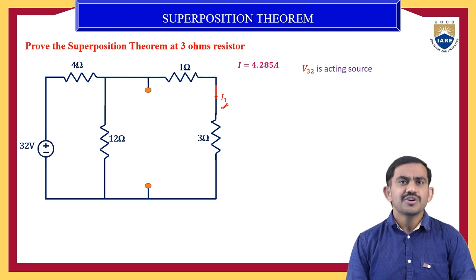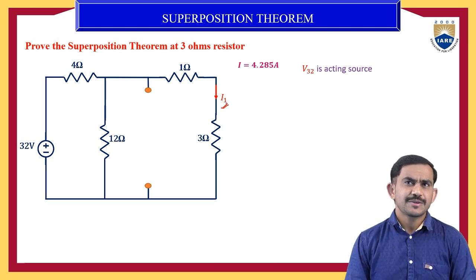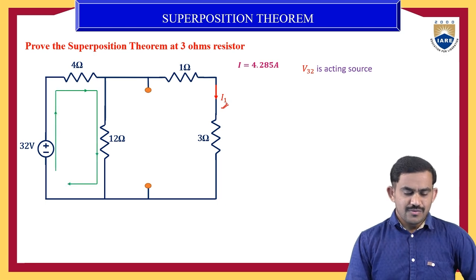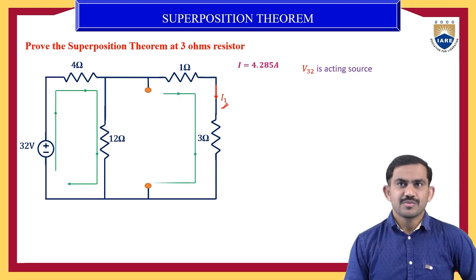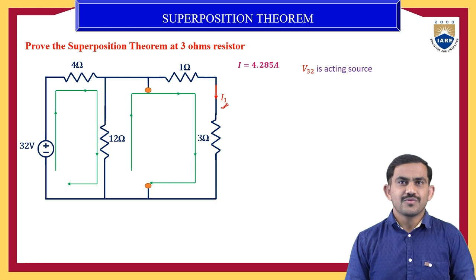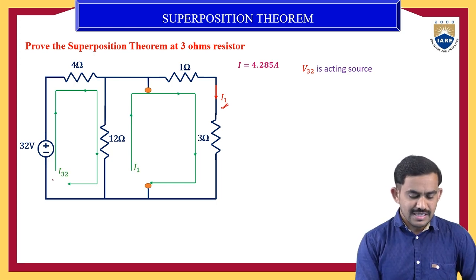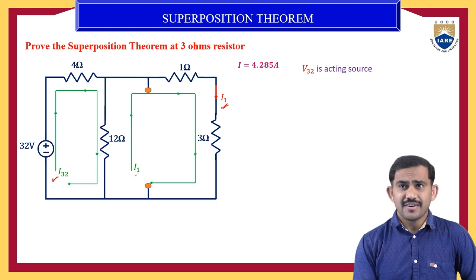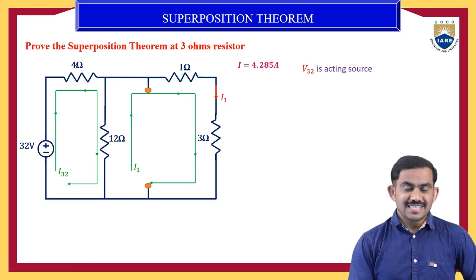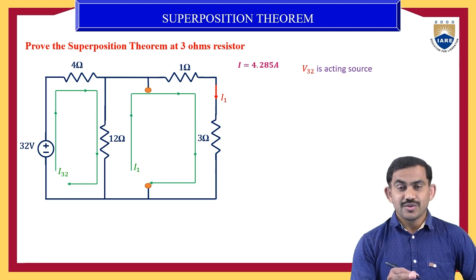So how many loops do we have? 2 loops, here one loop and here one more loop. In the first loop I have the I32 current, and in the second loop I have the I1 current. Using mesh analysis you get 2 equations, 2 loops, 2 equations.